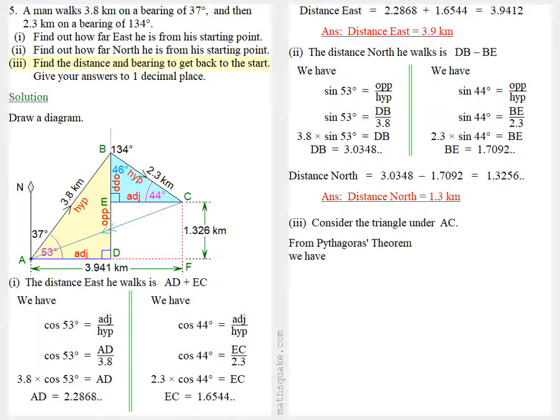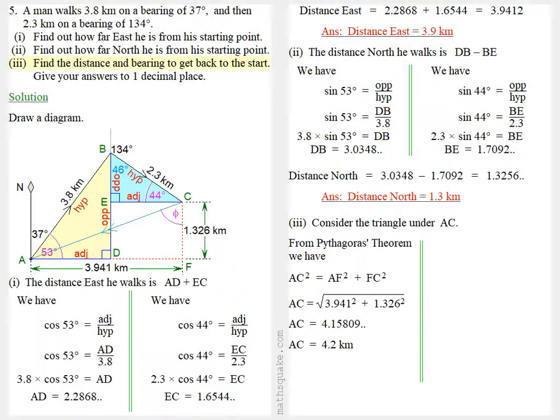And using Pythagoras' theorem in triangle ACF, we have AC squared is equal to AF squared plus FC squared, which means AC is equal to the square root of 3.941 squared plus 1.326 squared. Now that gives us AC is equal to 4.15809, which rounds off to AC is equal to 4.2 kilometres.